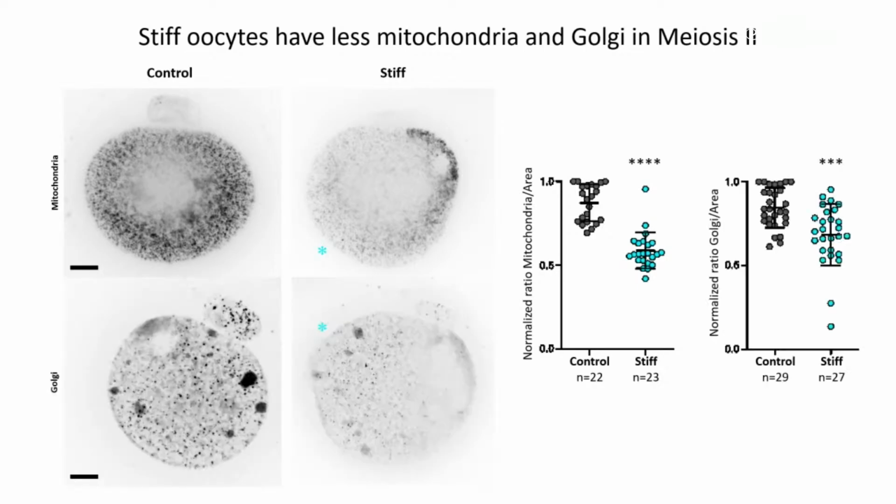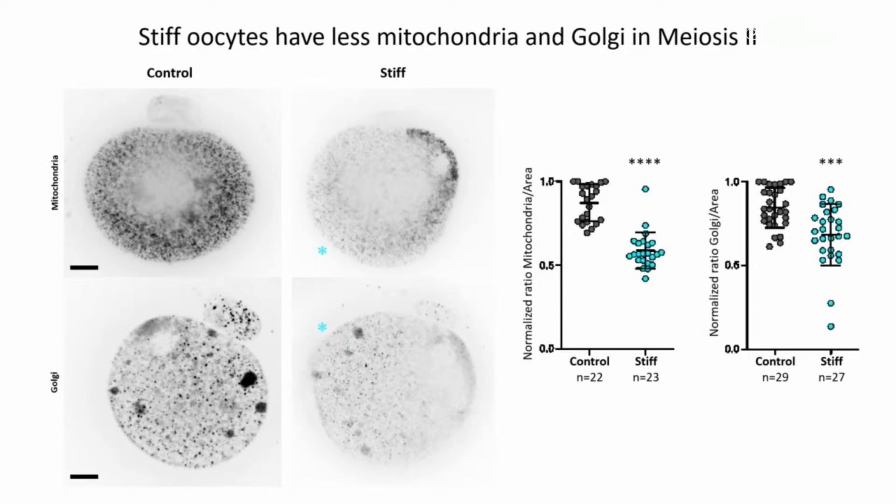We also measured other organelles, such as Golgi, as you can see here, and you also have the same trend, with less Golgi being present in metaphase 2 arrested stiff oocytes compared to control oocytes, suggesting again that this pushing of the organelles in meiosis 1 is sufficient, even if you have an asymmetric division in size, to deplete these organelles from the stiff oocyte.